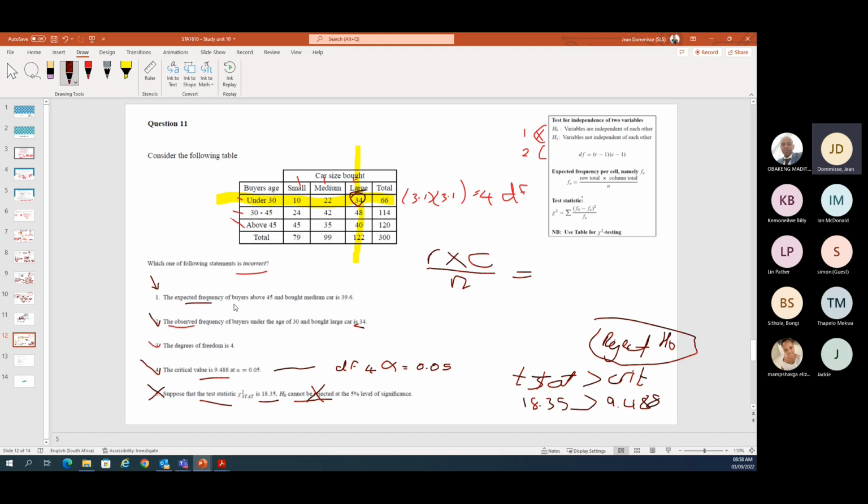So expected frequency of buyers above 45, so that's 120, who bought a medium car, so that total is 99, and we divide by 300. 120 times 99 divided by 300 is 39.6. 39.6, spot on. Okay, correct.